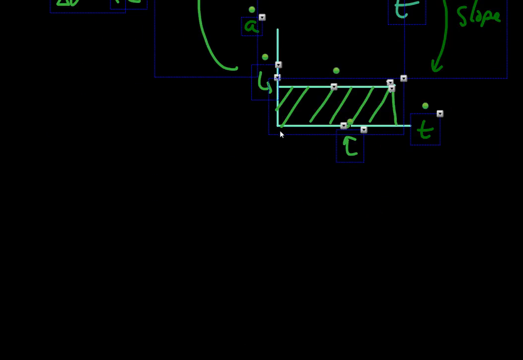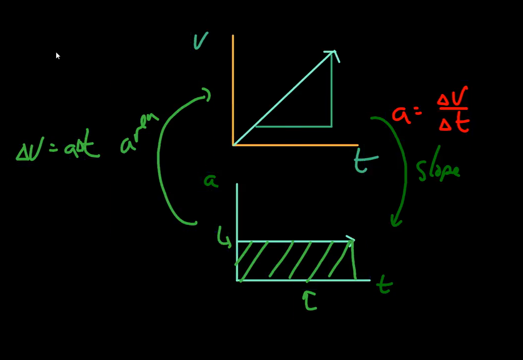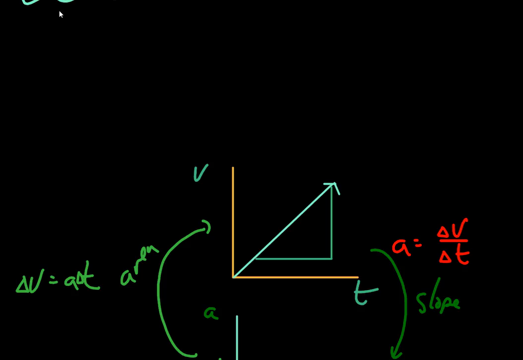Pull this down a bit. And up above here, I put the corresponding displacement time graph that generated all of this data originally. What we should be able to see is the whole picture.